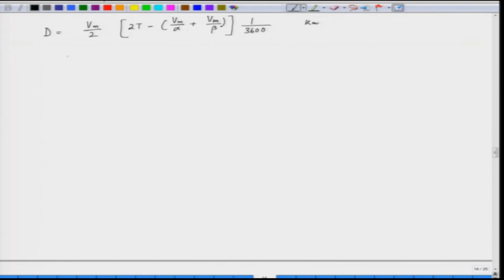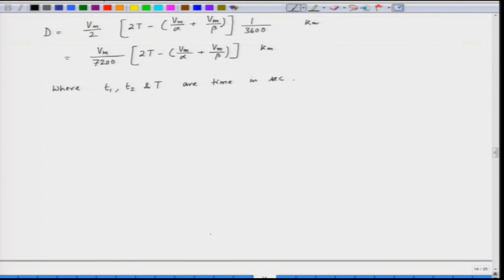So, finally, we get Vm by 7200 into 2 T minus Vm by alpha plus Vm by beta, in kilometer, where T1, T2 and T are time in second.